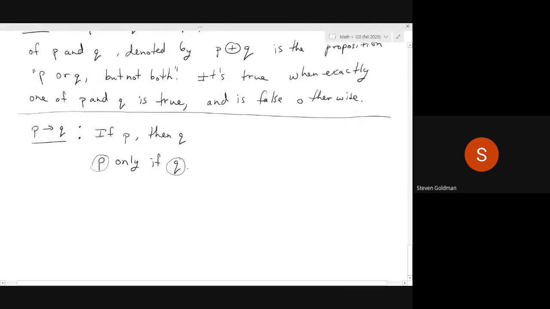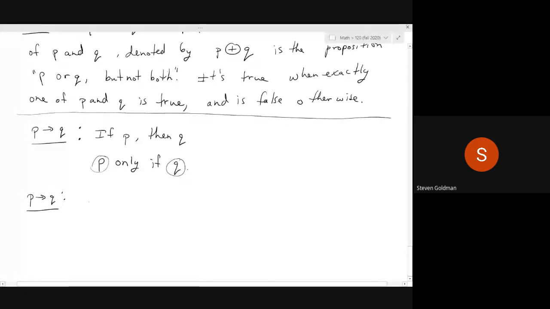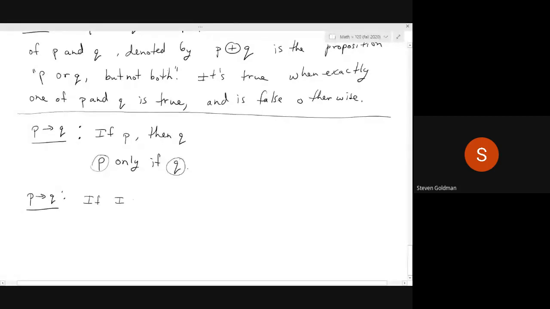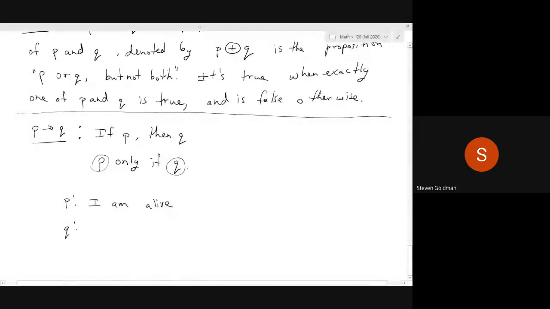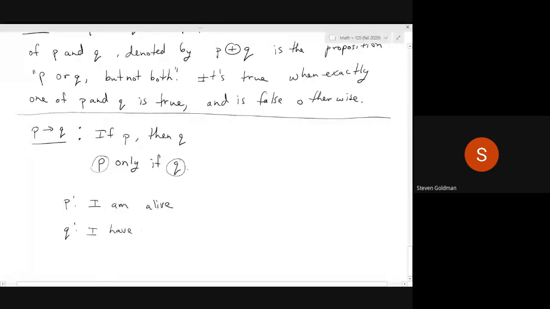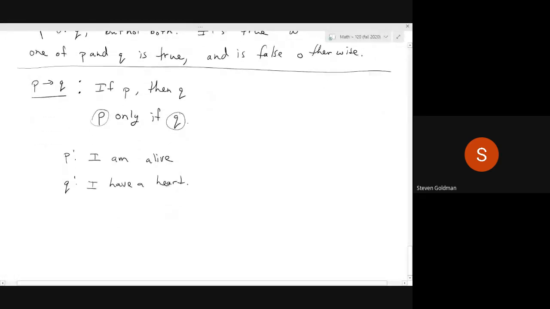That's the same thing as saying if P, then Q. Maybe to demonstrate, let me first start by trying to demonstrate that they're equivalent with an example. Let's say I have the conditional statement, if P then Q. Let P be the proposition, I am alive, and Q be the proposition, I have a heart.